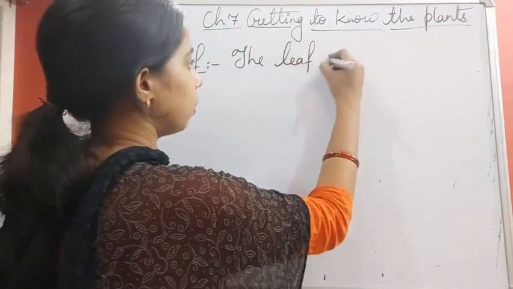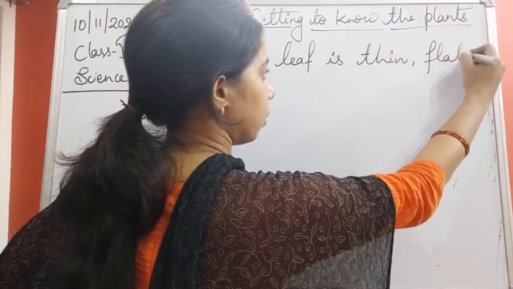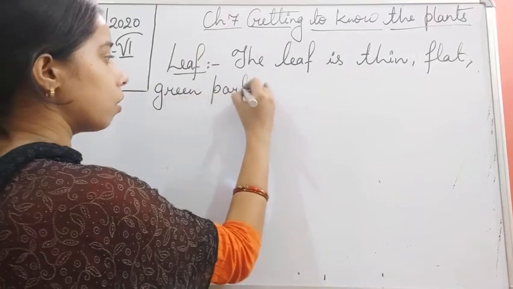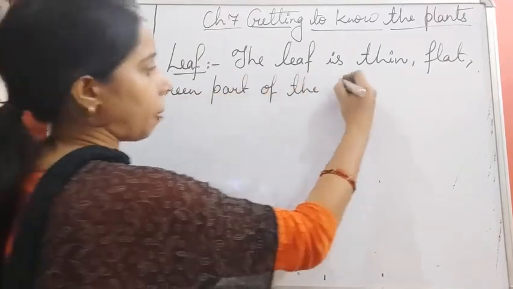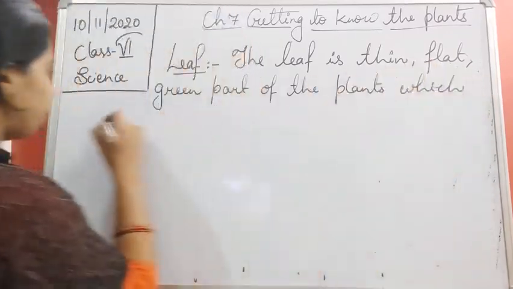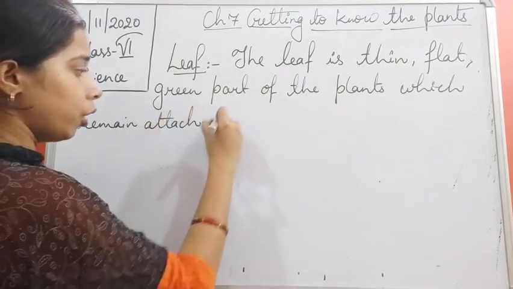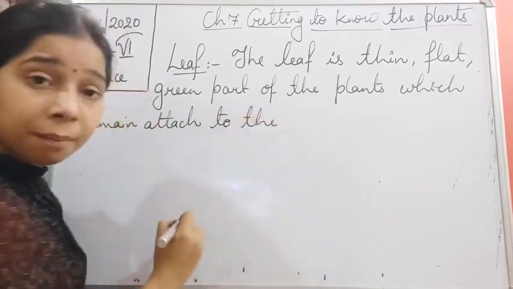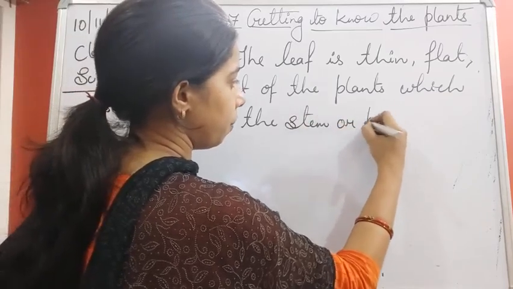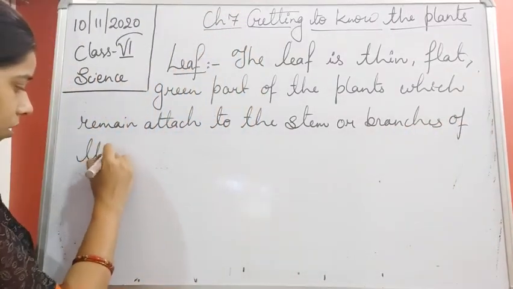So the leaf is the thin, flat, green part of the plant which remains attached to the stem or branches of the plant.